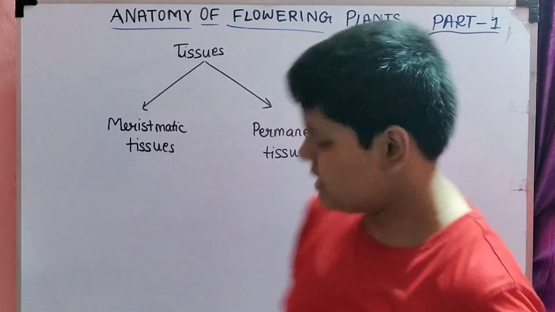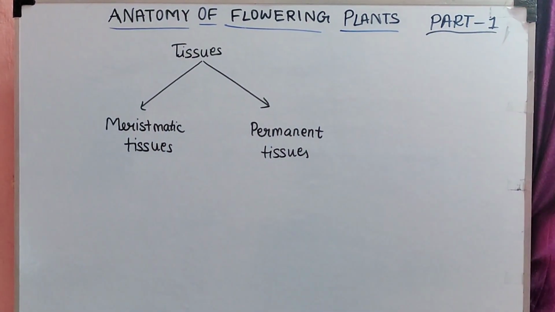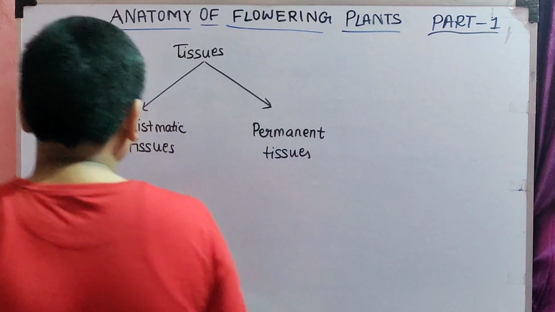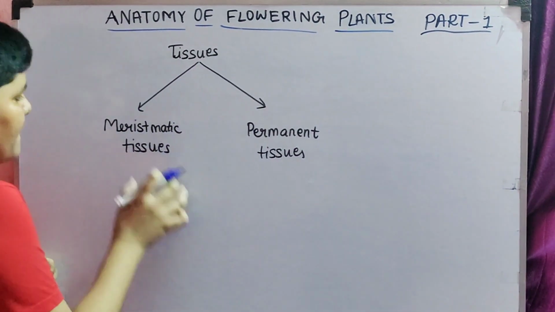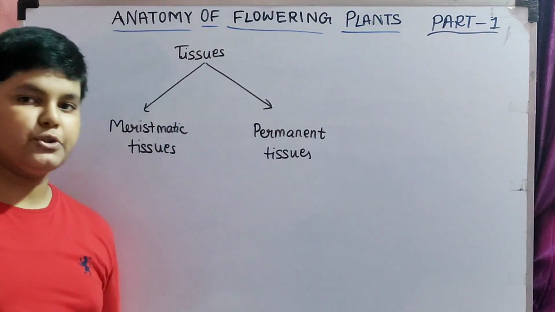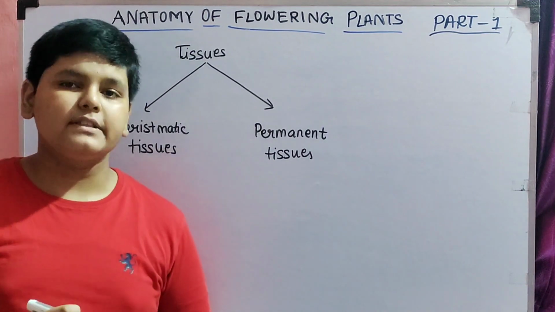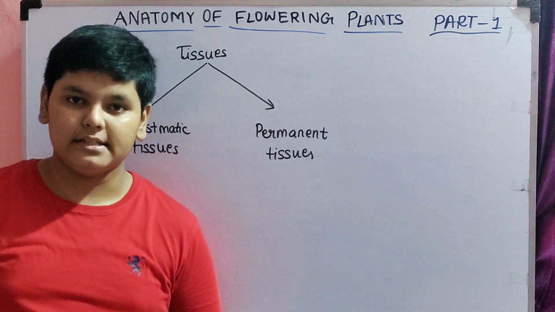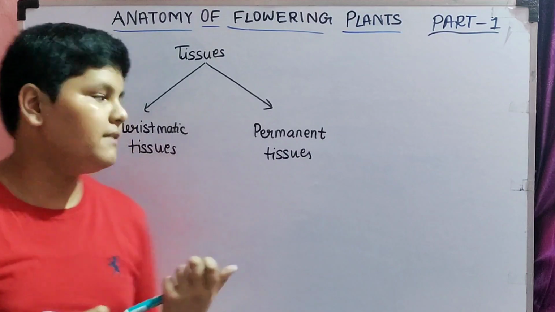Now, what is the difference between meristematic tissues and permanent tissues? First we have meristematic tissues. Meristematic tissues are the tissues which are active. Active in the sense they can do cell division easily. These kinds of cells are actively dividing.